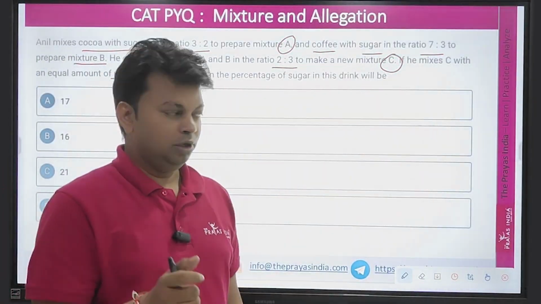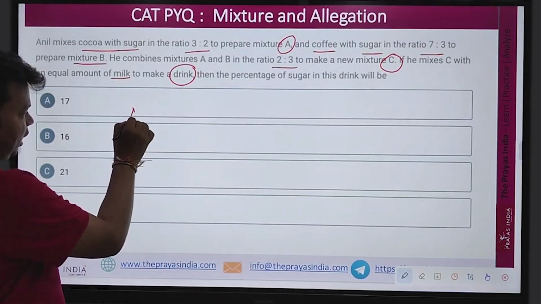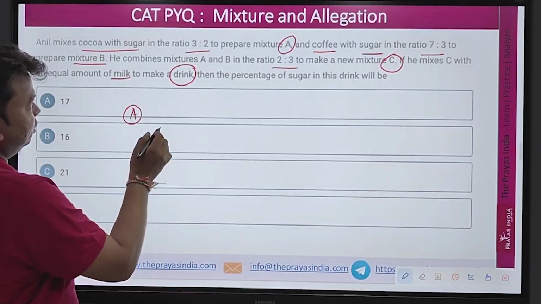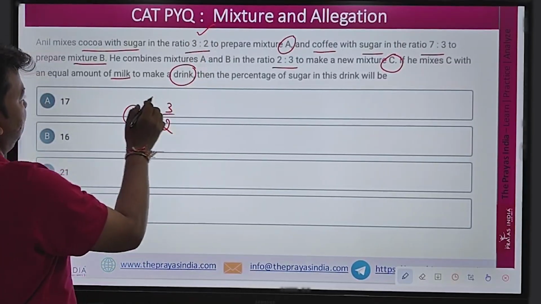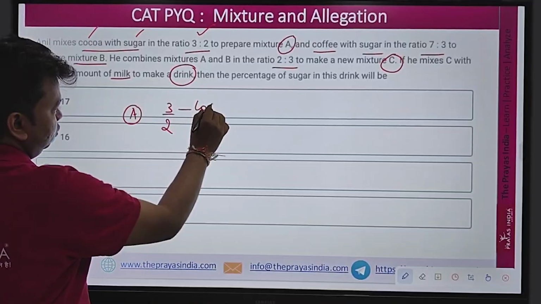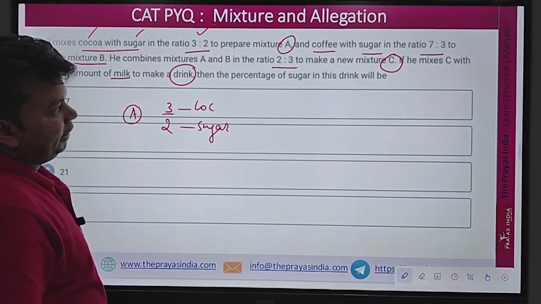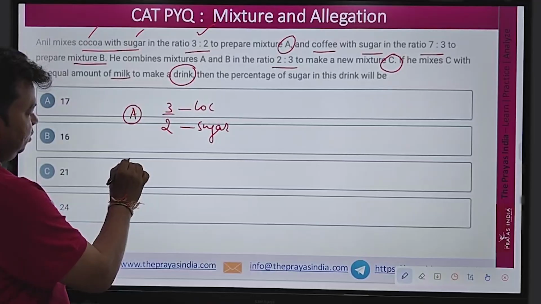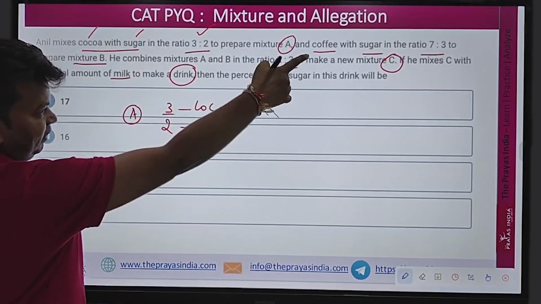This is the question. So let us understand the question first. We have mixer A where the ratio is 3:2, and this ratio is of coca and sugar. So this is coca and this is sugar. We have the second mixer B. The ratio is 7:3.